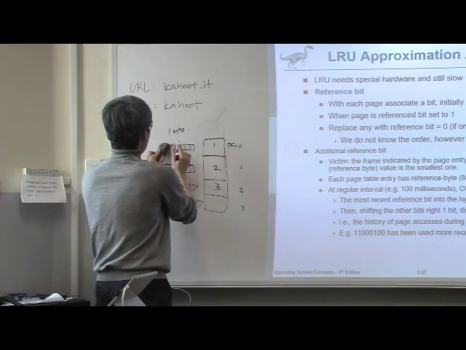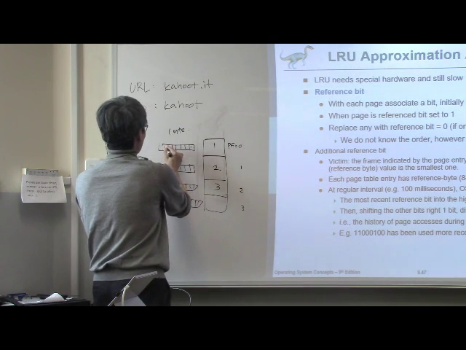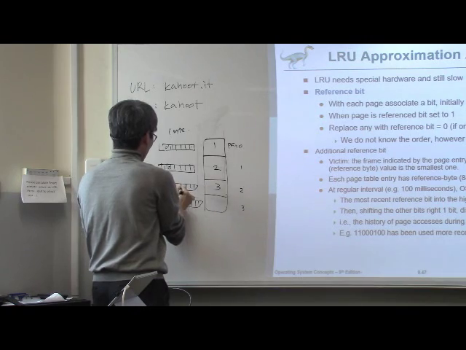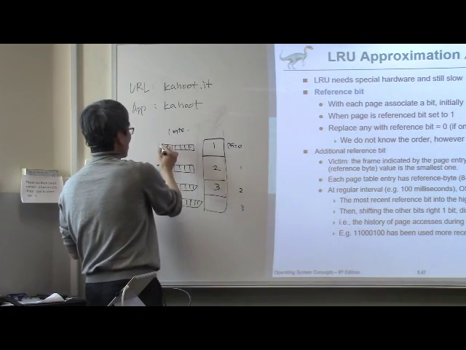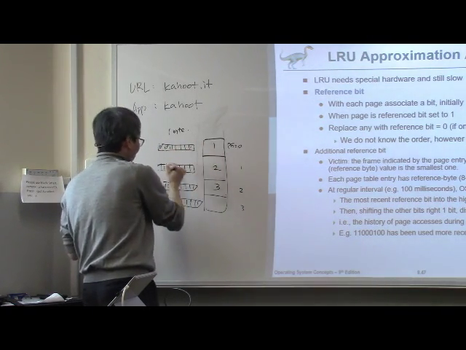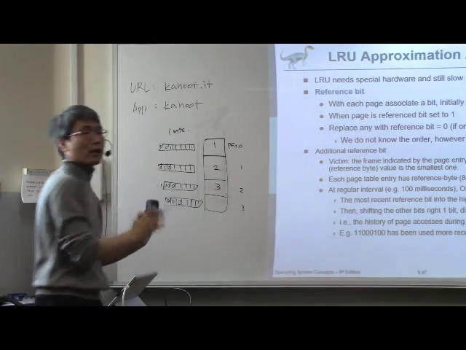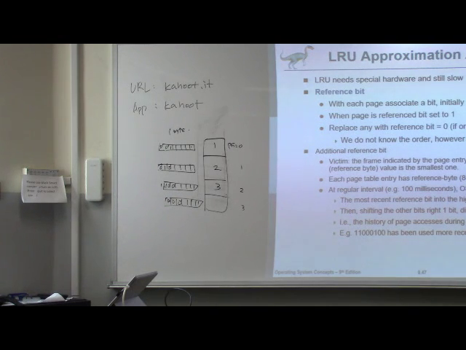All the bits shift right. So this one is shifted right, and this one is 0, 0, and 0. Then not referenced 0, referenced 1, not referenced 0, not referenced 0, and so on. At the next time slot, if this one is referenced, shift right. This one is 1. Shift right. So 0, 1, 1, 0, 0, 0, 0, 0. And this is not referenced, 0. Not referenced 0, referenced 1, not referenced 0, and so on. Shift right, shift right, shift right, every time slot.